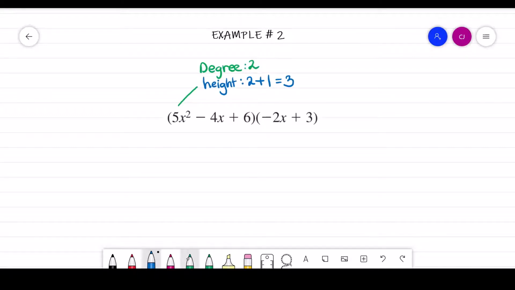And our length, if you notice, the degree in this case is going to be 1. So our length is going to be 1 more than the degree, which is going to give us 2. So now that we have our height, the number of boxes we're going to stack, as well as the length, we can go about creating our box.